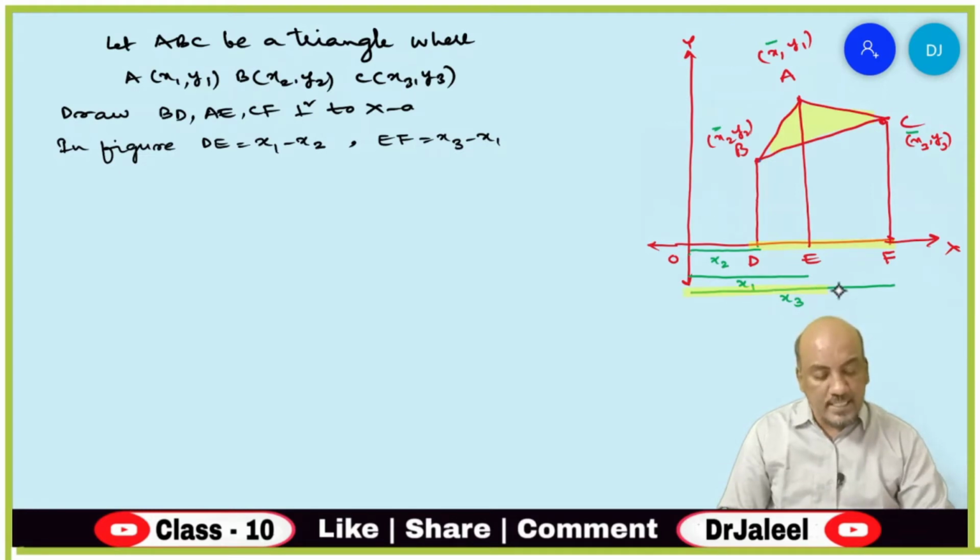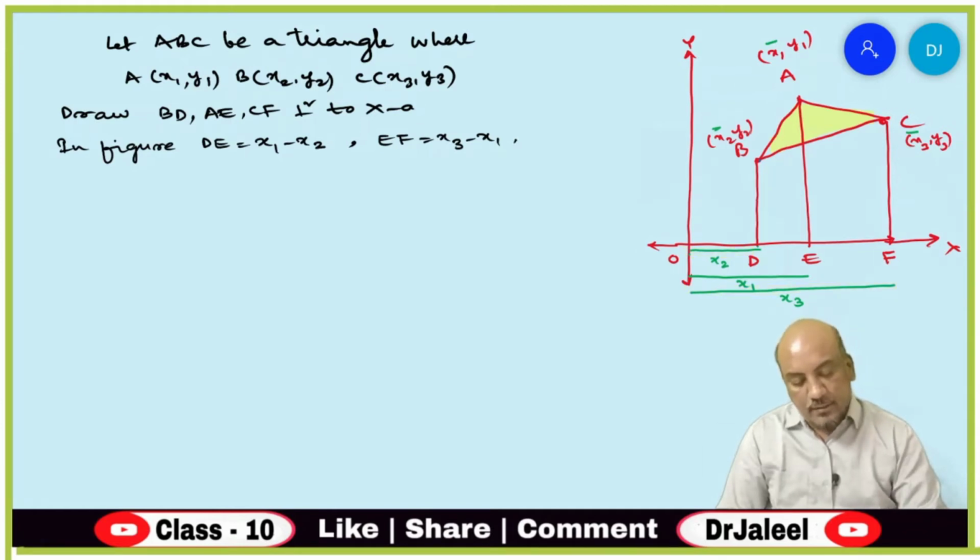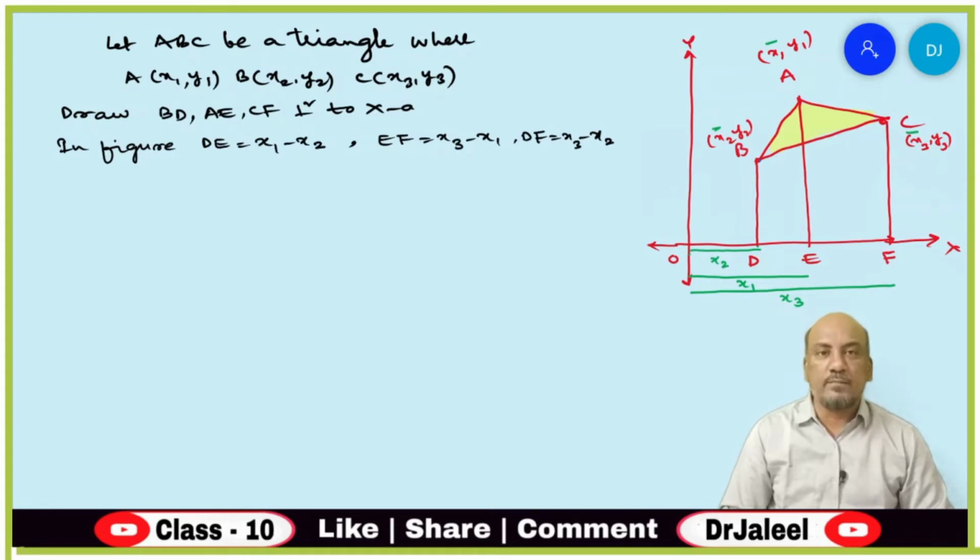Whole distance x3 minus this distance. What is that? OD. So DF is equal to whole distance minus OD, that is x3 minus x2. DF is equal to x3 minus x2. I hope you have understood this one.